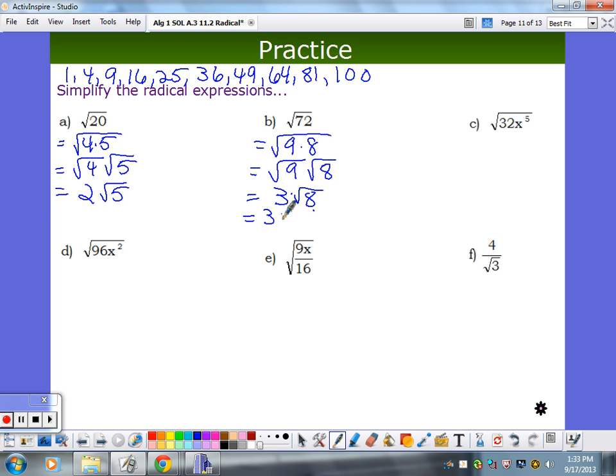So it's 3 times the square root of 4 times 2, which is 3 times the square root of 4 times the square root of 2. And that is 3 times, what's the square root of 4? 2 times the square root of 2. Now, these are both outside the radical. I can multiply them. What's 3 times 2? 6. 6 square root 2.